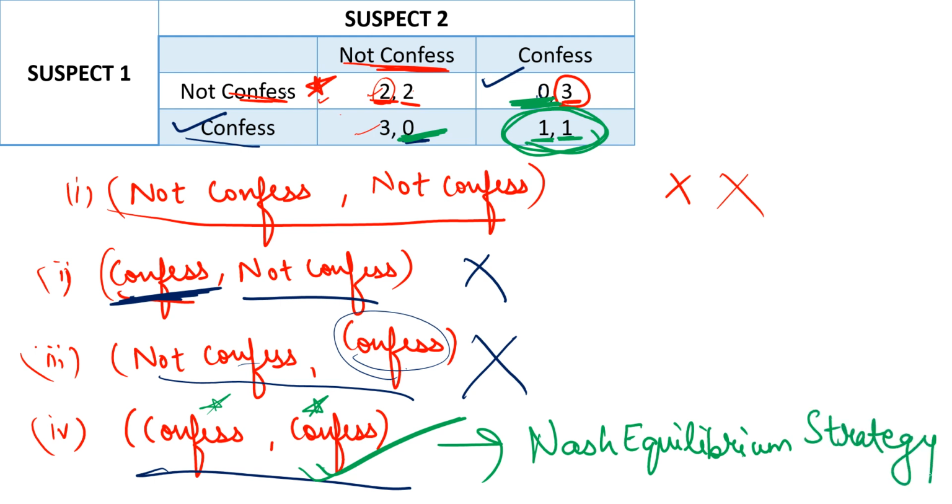So what happens in the prisoner's dilemma? Basically both the players will confess, because if a single player deviates from this, it will not gain anything out of it. So this is the situation of the prisoner's dilemma.